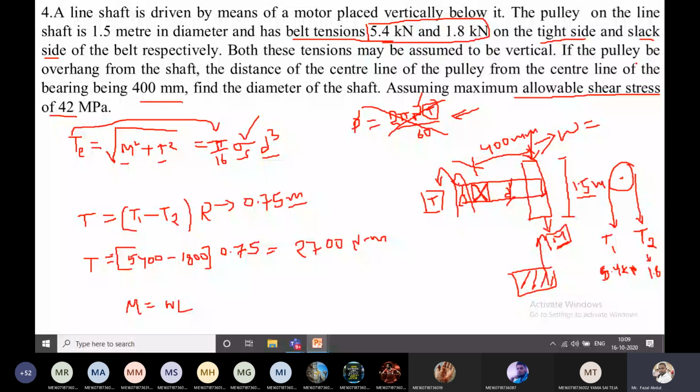If you add T1 plus T2, we get the load value: 5400 plus 1800. How much is the W value if you add 5.4 and 1.8?